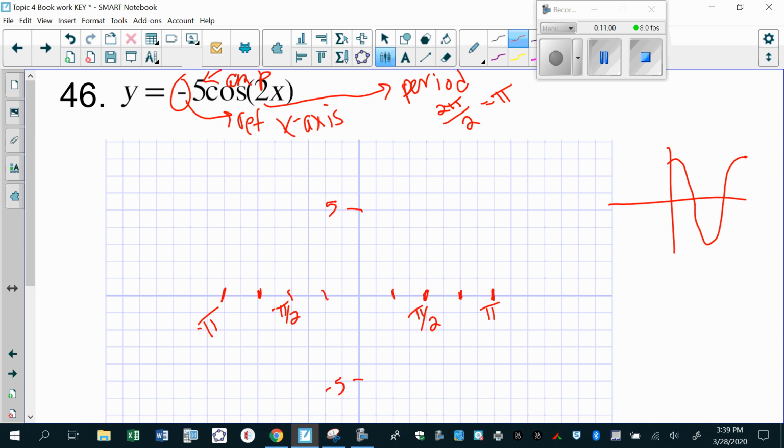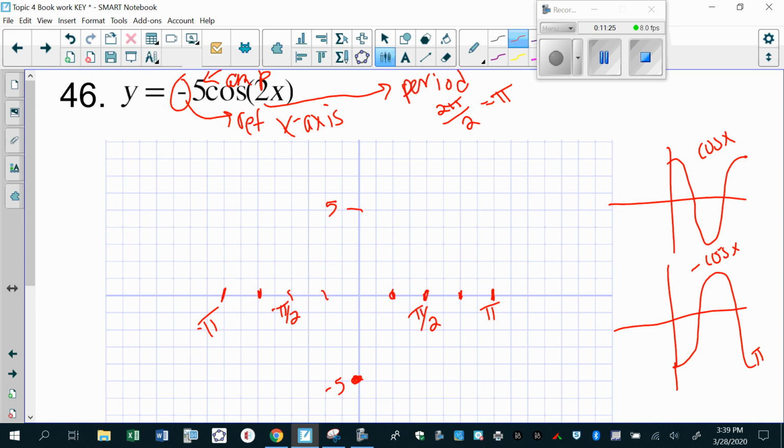Oh, we're also reflecting in the x-axis, so this isn't going to look like this. Let's just redo. We're actually going to be starting at the minimum going high, so this is cosine x. This is negative cosine x. And I know that I'm only going to take pi to get here, so I have a little sketch in my head of what I'm doing now. So here's 5.